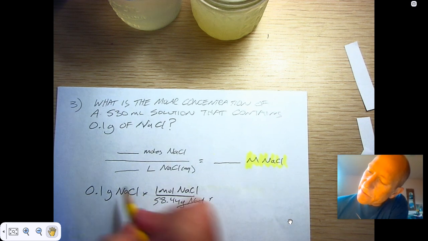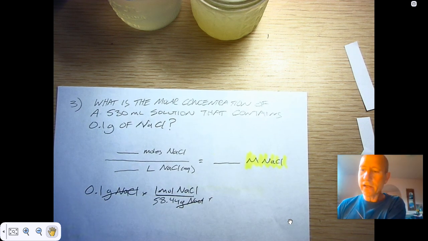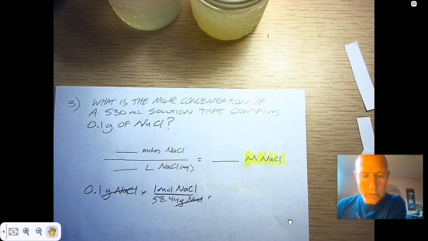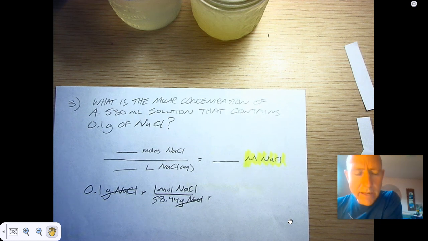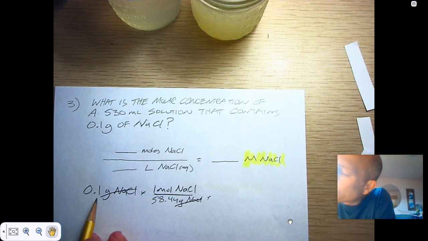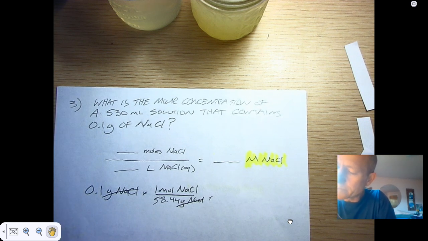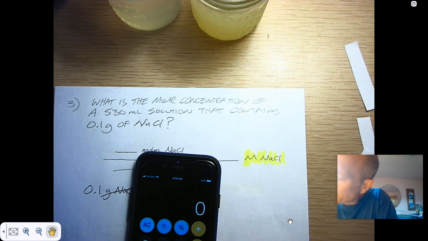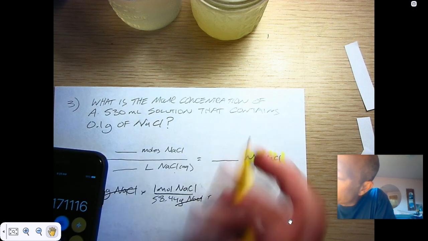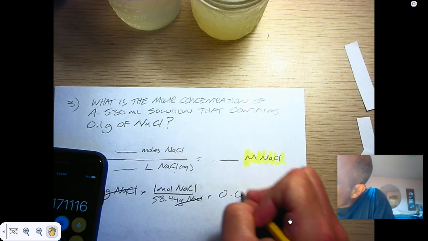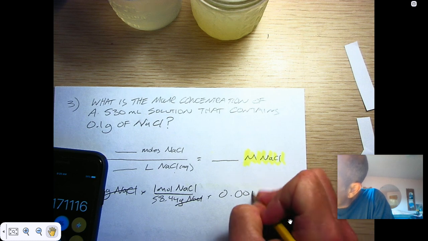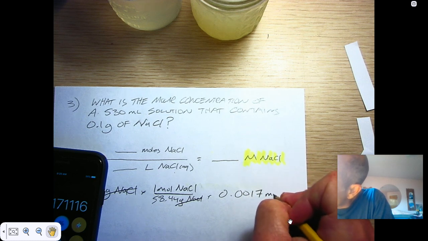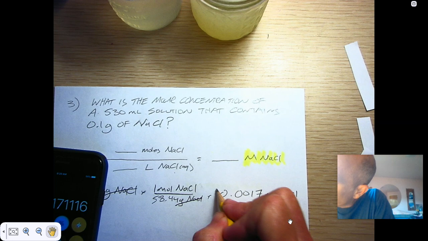And then grams of sodium chloride, that's going to cancel out. So we're just going to do 1/10 divided by 58.44 equals 0.0017 moles of sodium chloride.